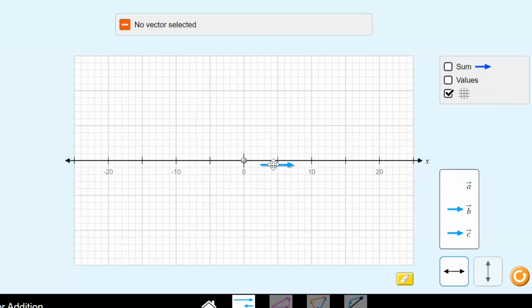This time, let's say I have this vector that is 10 meters to the left. And then I have other one still moving another 10 meters to the left.